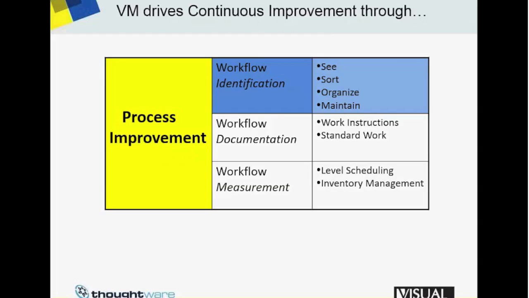Sort defines what's required to fulfill the customer's expectation and then separates the necessary from the unnecessary. Organize: place that which survived the sort in an orderly manner, easy to use for everyone, and arrange the workplace to ensure safety, quick retrieval, visibility, efficiency, and effectiveness.